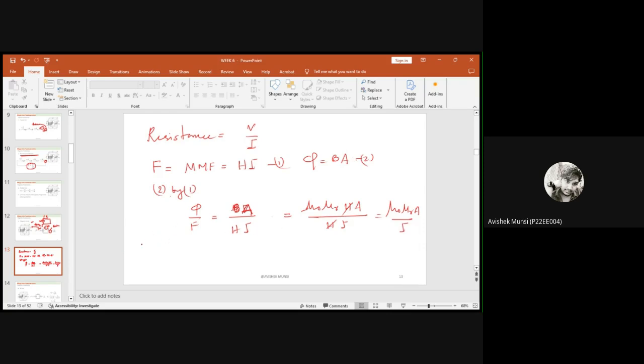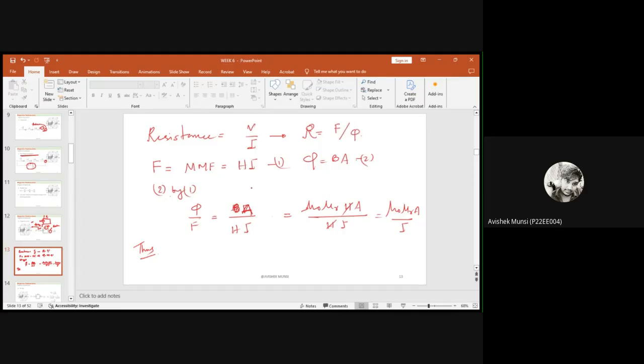So from the electrical circuit, we can define reluctance as MMF by flux.